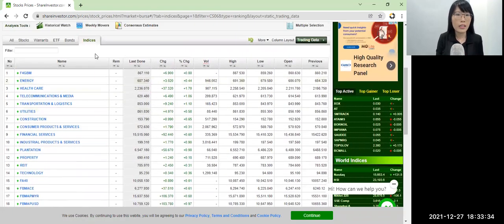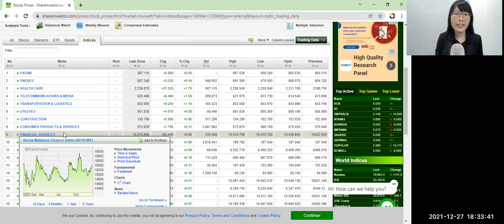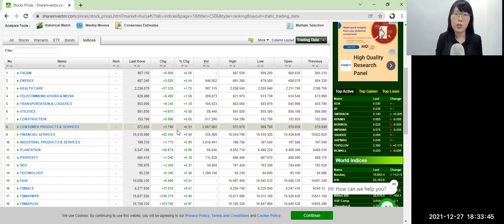Okay, if you go to the indices, you can find all the sectors here, so you can know which sector is trending upwards or which sector is trending downwards, and you will know what is the price right now.